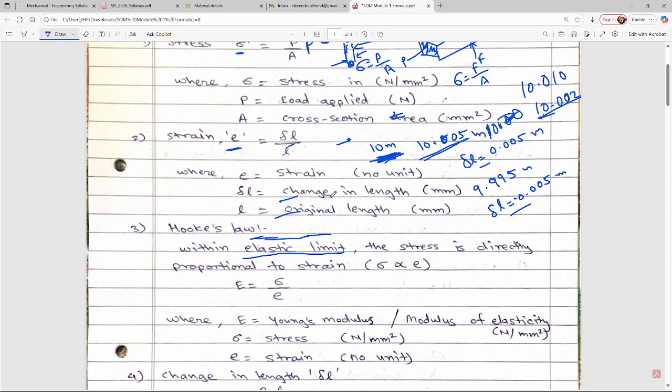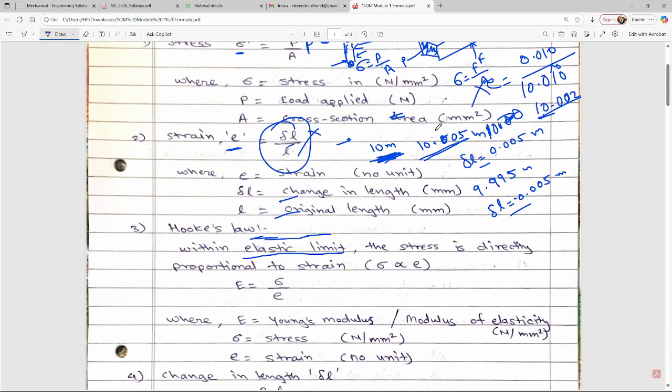So here this formula will not work. 0.010 divided by the original length of 10 will not be a strain.